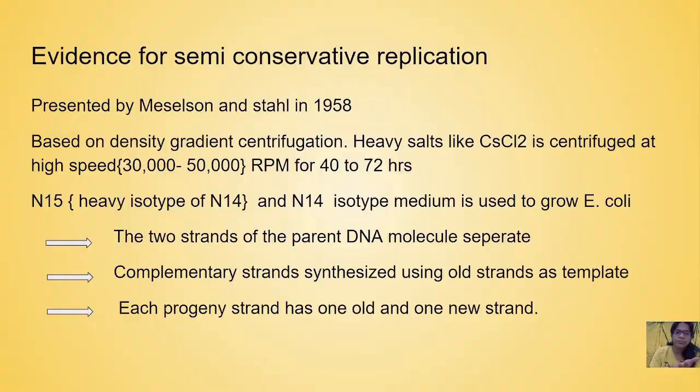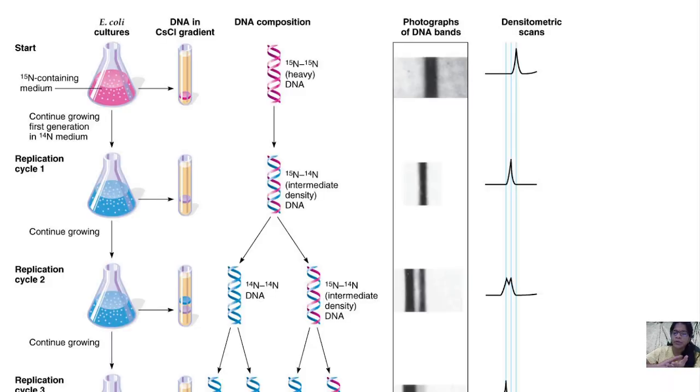See, this is the N15 heavy isotope that I am talking about. They are made to grow on the isotope for one generation. Okay, so strands of DNA are now labeled with the N15 isotope.